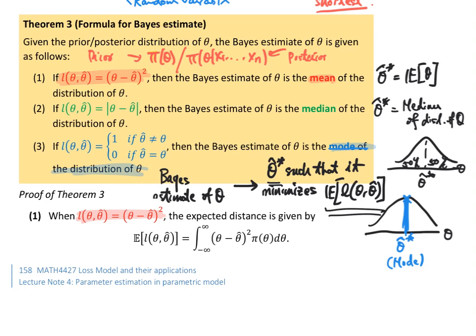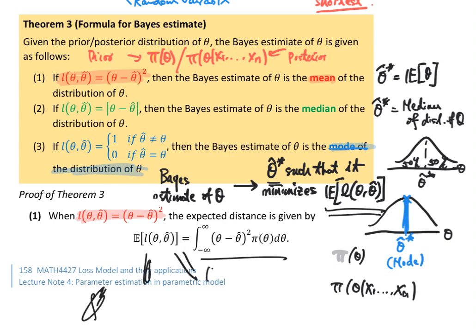Now we first try to compute this expected value. Given the distribution of theta, whether it is a prior distribution or the posterior distribution, the expected value will be equal to this integral, which is the expected value of (theta minus theta hat) squared.